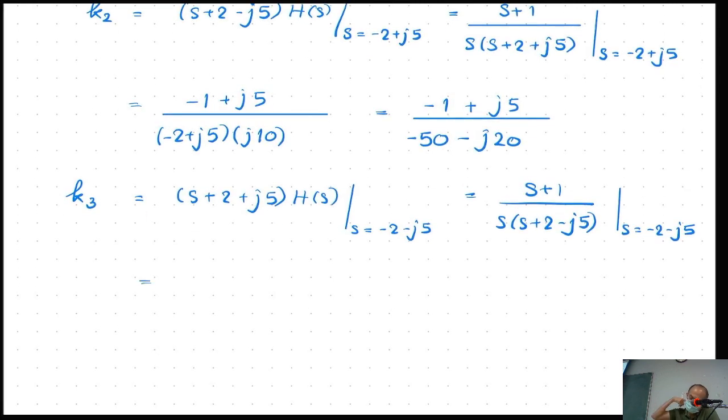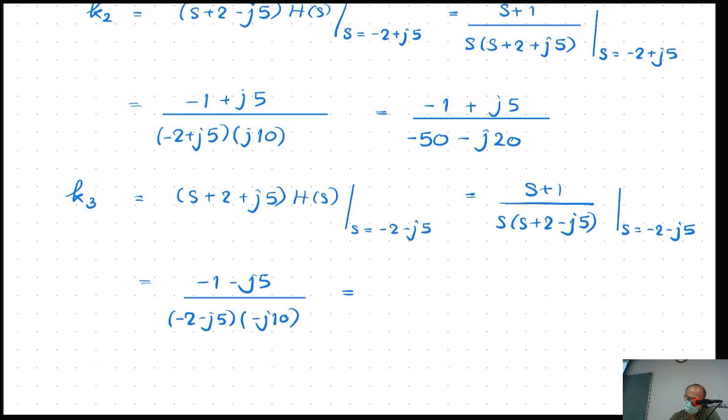And then as for the numerator, we have minus 1 minus j5. And for the denominator, we have minus 2 minus j5 times minus j10.